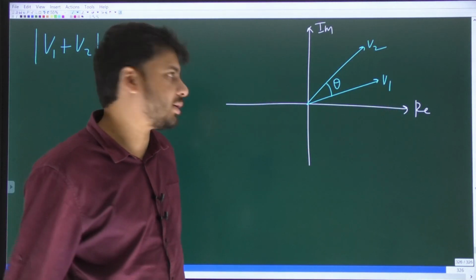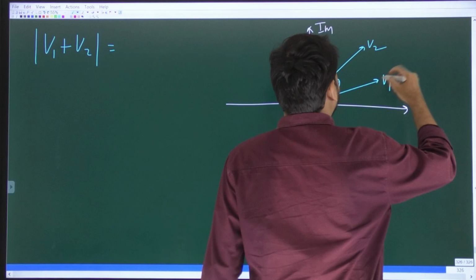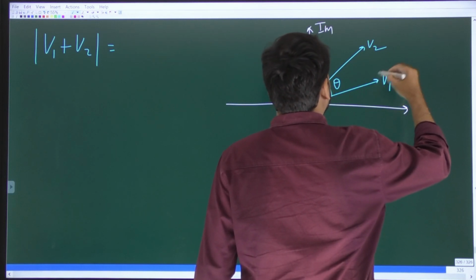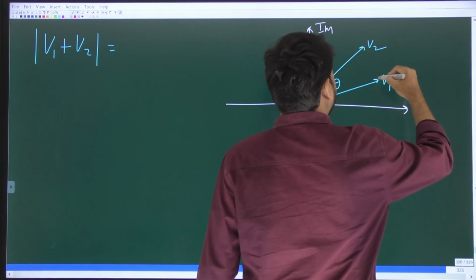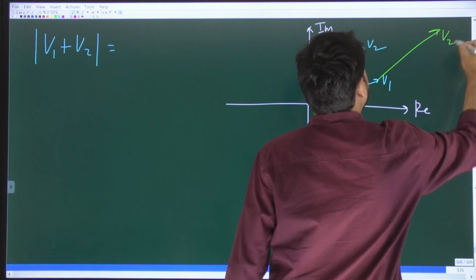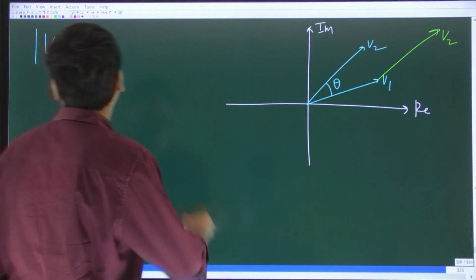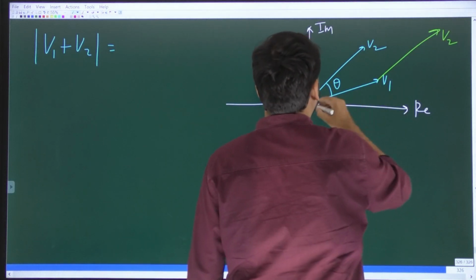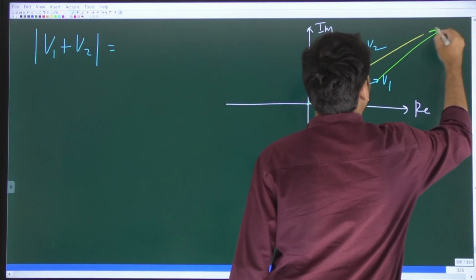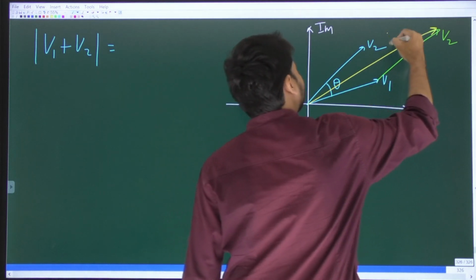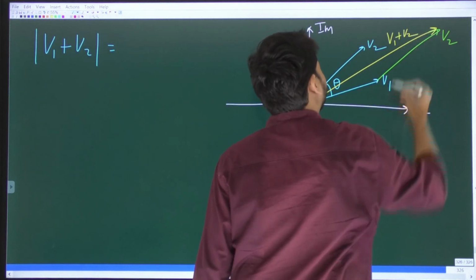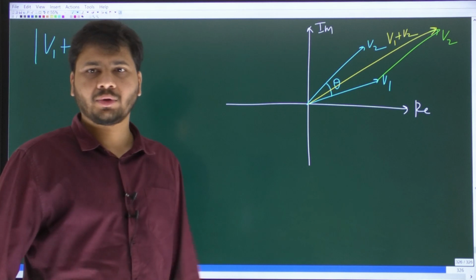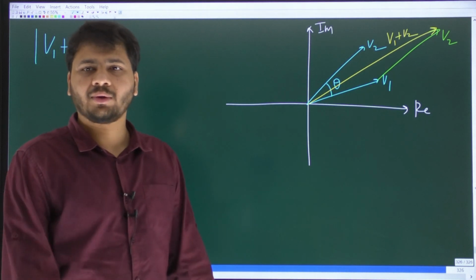That is how you add vectors. Without altering the angle, let this be V2, and then you join the origin and the tip of V2. So this is V1 plus V2. You understood? This is how you add vectors.